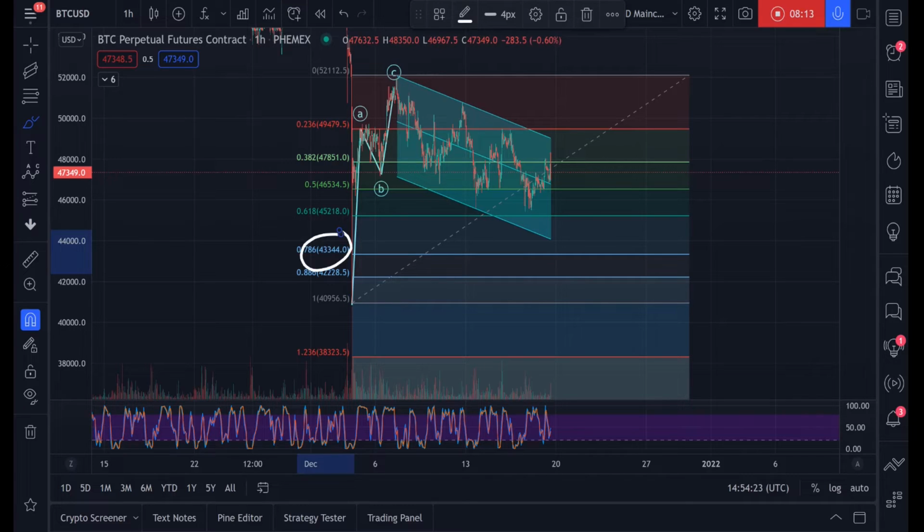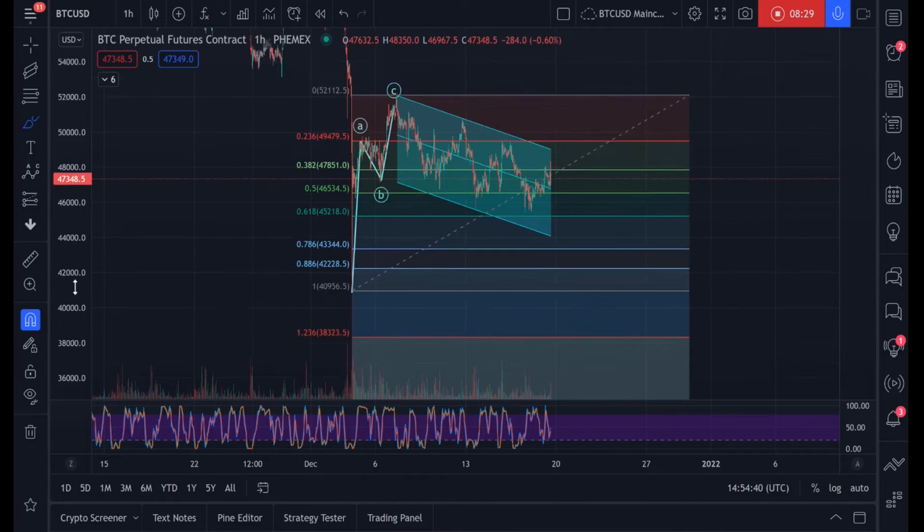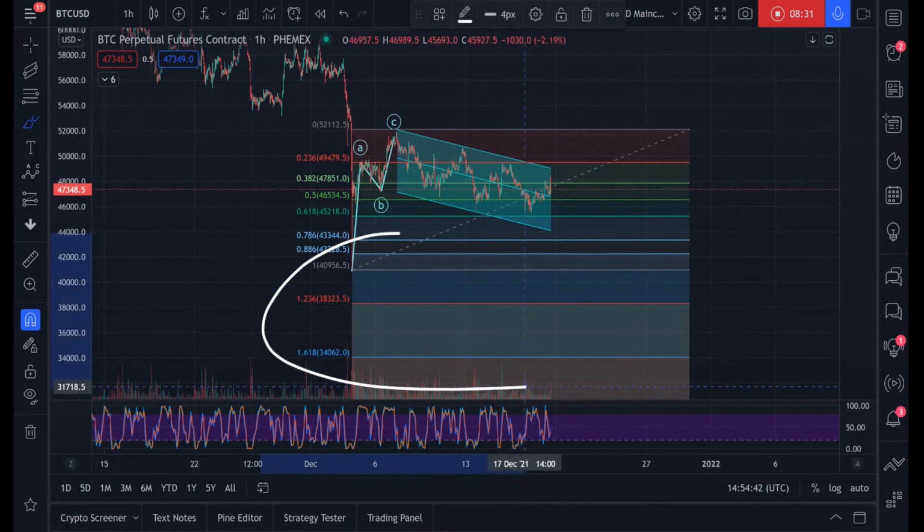Why? Because we know you can't be half pregnant. Either you're printing a flat or a zigzag. Zigzag falls between 0.5 and the 618 retracement, and the flat correction falls between 786 and 1618.